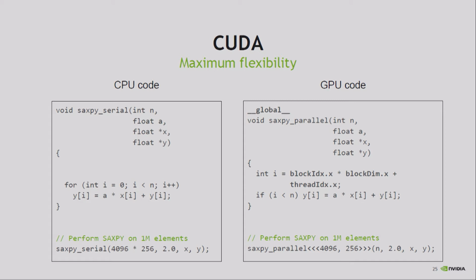And then to launch this kernel, you need to specify how many blocks I'm running and how many threads per block I have. I'm not going to go into details on what is a block or what is a grid because we don't have time. But effectively, it's a way to structure your threads into a hierarchy so that you can have blocks offloaded to different SMs.